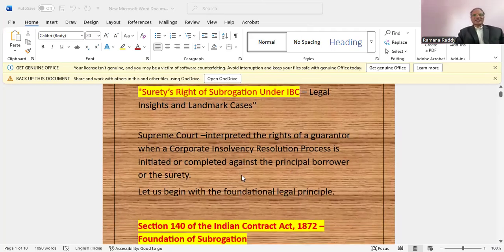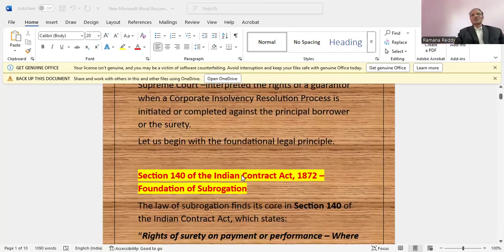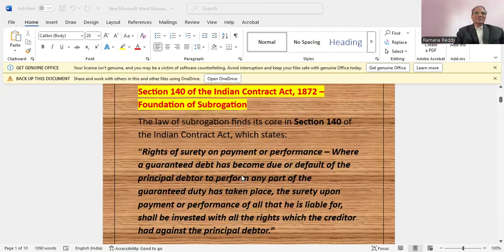Section 140 of the Indian Contract Act 1872. Foundation of subrogation. The law of subrogation finds its core in Section 140 of the Indian Contract Act. What does Section 140 say?